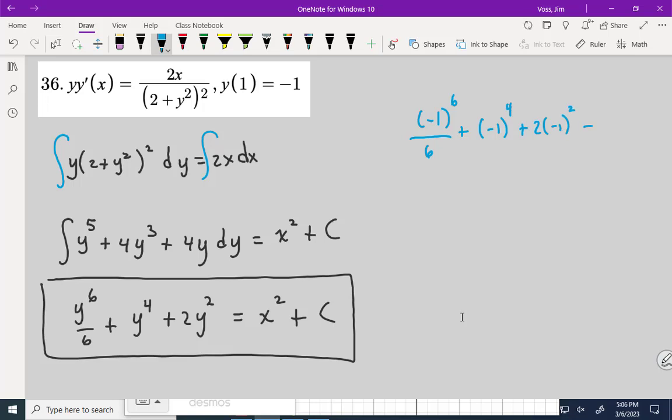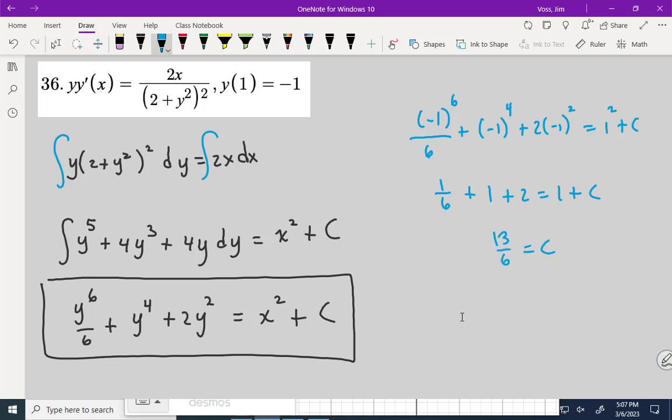And x is 1, so we're going to have 1 squared plus c. So we can solve for the constant to get the particular curve that goes through this ordered pair. So we'll have 1 over 6 plus 1 plus 2 equals 1 plus c. And whatever we get there, 13 over 6 it looks like.